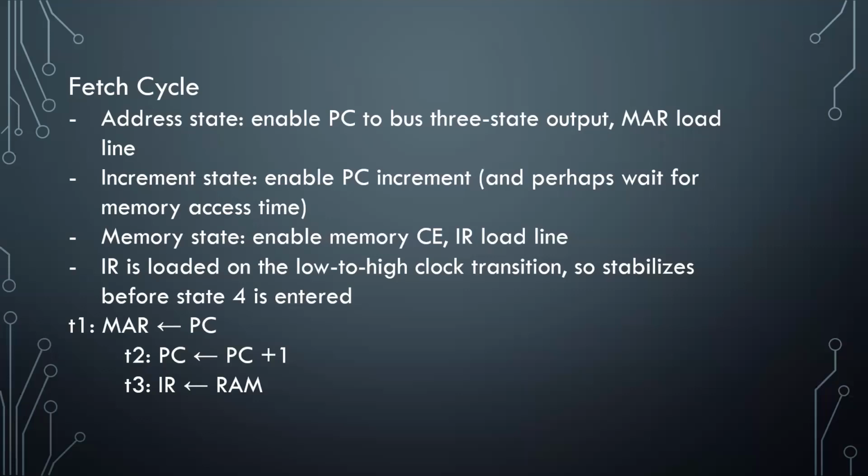Memory state. In the memory state, enable memory CE and the IR load line. IR is loaded on the low to high clock transition, so stabilize before state 4 is entered. T1: MAR gets PC.